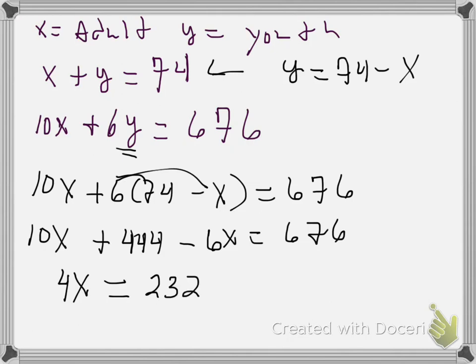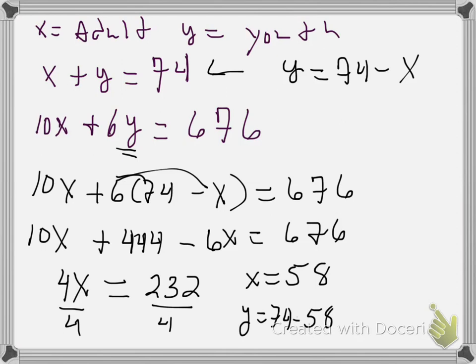Now, 232 divided by 4 gives me x equals 58. Well, and if x equals 58, 74 minus 58 equals 16. So it was 58 adult and 16 youth.